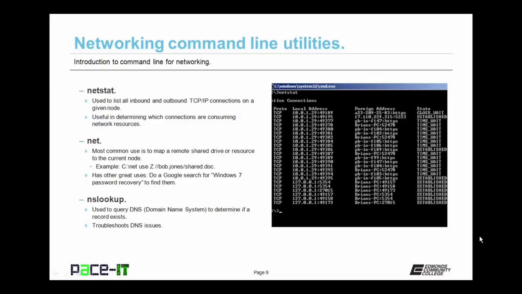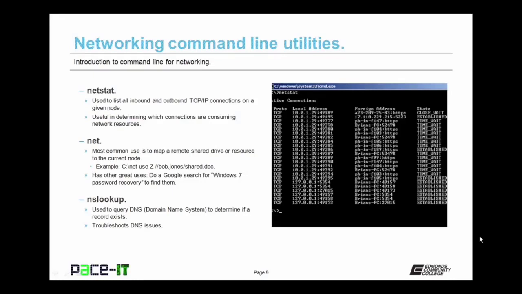An example of that, if you wanted to map a network share, would be C:\net use, then a drive letter, and then // and then the path to the shared resource. It has some other great uses, and I recommend that you Google Windows 7 password recovery to find one of the great uses for the net command.